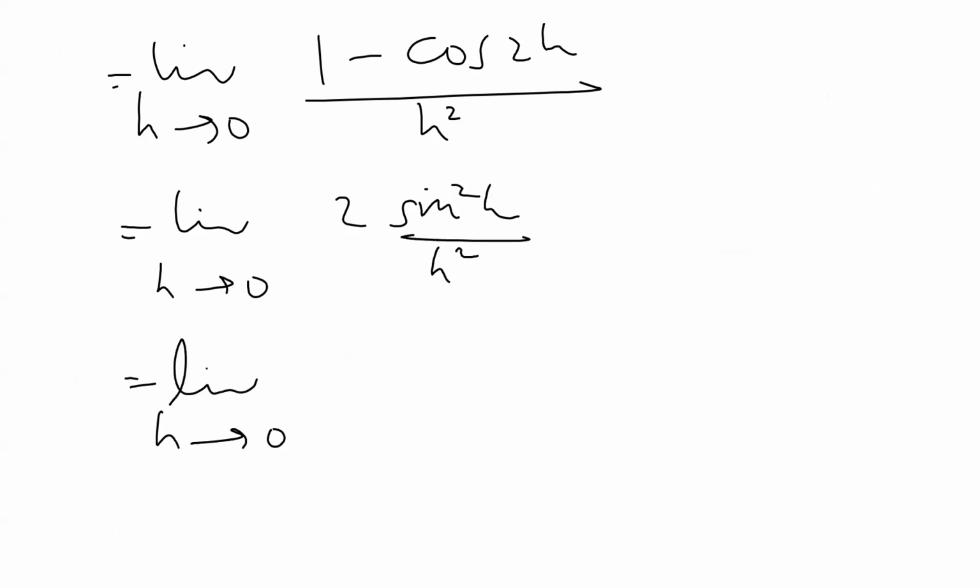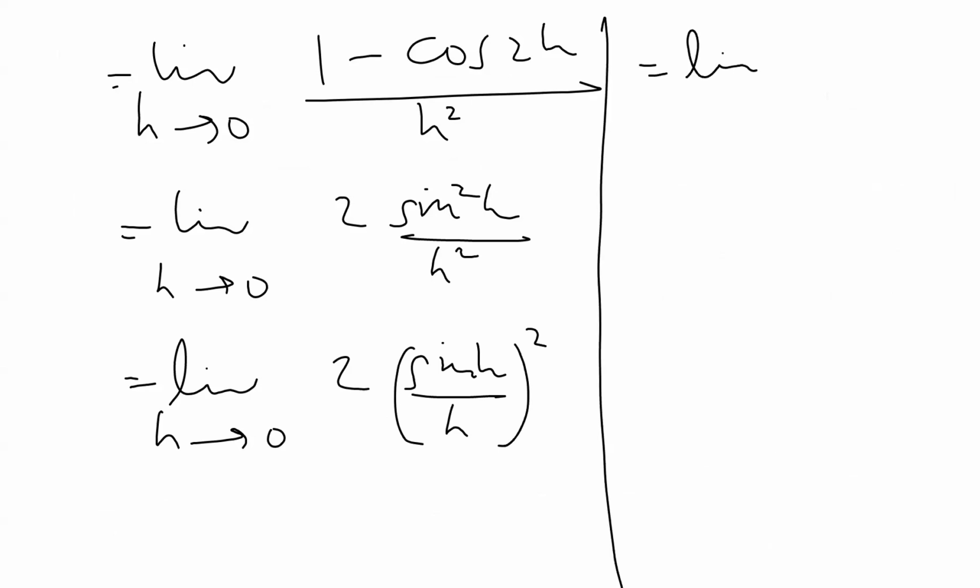Limit h approaching 0, 2 sin h upon h the whole square. Limit h approaching 0, 2 into 1 square. We are substituting the formula over here, sin h upon h. H is approaching 0. So answer is 2.